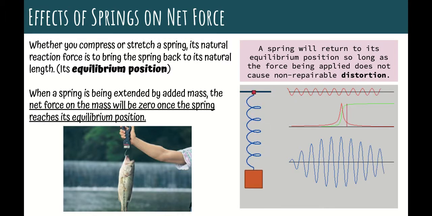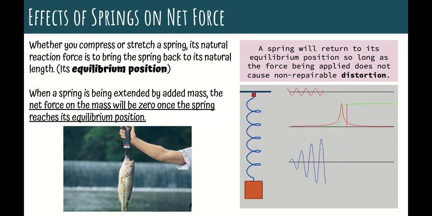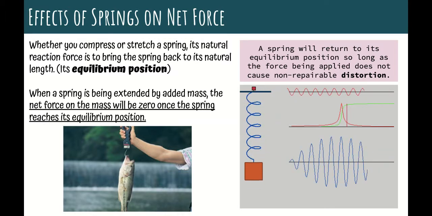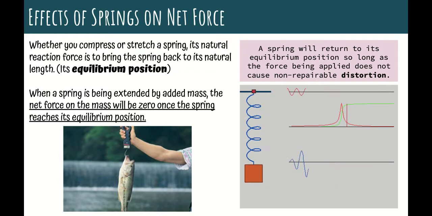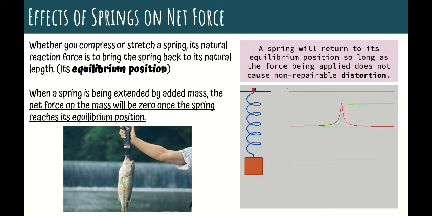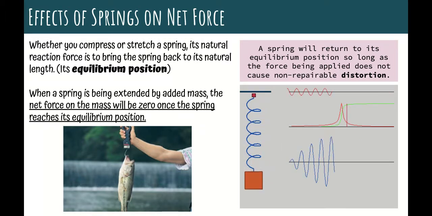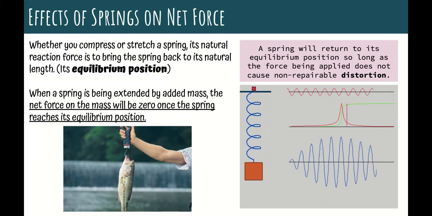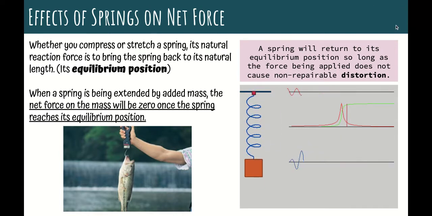Whether you compress that spring like on a bathroom scale or you stretch a spring on a spring scale, which is basically what this fish weighing scale is, the natural reaction force of the spring is to bring the spring back to its natural length, which we're going to call the equilibrium position. We know that each spring is going to be different, and we're going to talk about that.